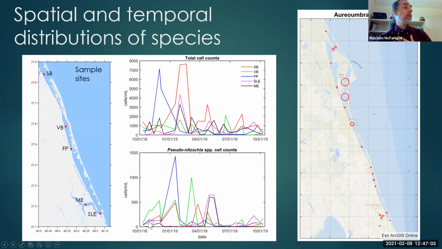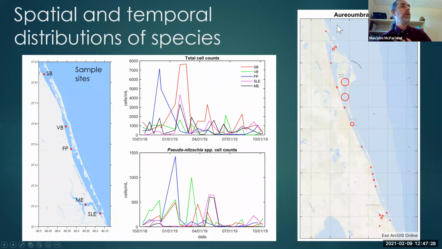There is a lot of variation in the abundance of these guys over time and from place to place. So it's a really dynamic system, and it's very challenging to keep track of who's there and how abundant they are, and are they going to be a problem? So this takes a lot of work, but we're doing the best we can. And the more people who are doing this, the better, because there's a lot to keep track of.